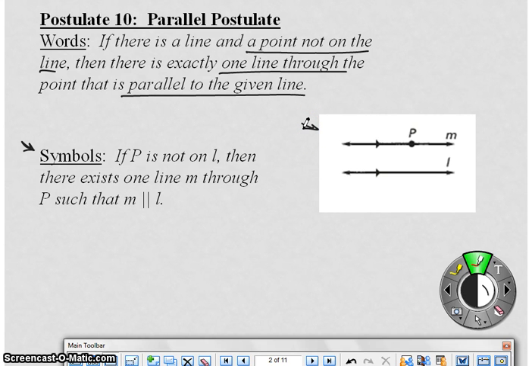Here's P, here's your line L. If P is not sitting on that line, then there exists one line, M, through P such that M is parallel to L. So we can draw one line through this point P. We're going to call it M right there. And there's only one line you can make that is going to turn out to be parallel to this one. Hopefully that makes a little bit of sense.